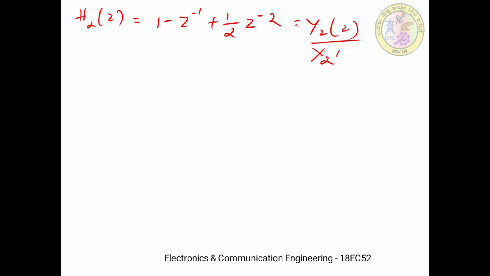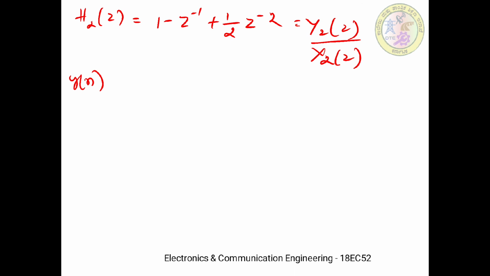So next, go to the second part, the h2 of z part. h2 of z is 1 minus z inverse plus 1 by 2 z to the power of minus 2. Again write it in the form of y2 of z by x2 of z. Performing cross multiplication and taking the inverse z transform will give us the final output.